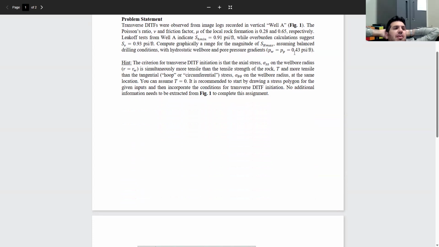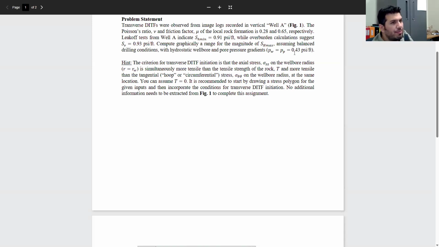Transverse drilling-induced tensile fractures were observed from image logs recorded from a vertical well A. The Poisson's ratio and friction factor of the local rock formation are 0.28 and 0.65 respectively.